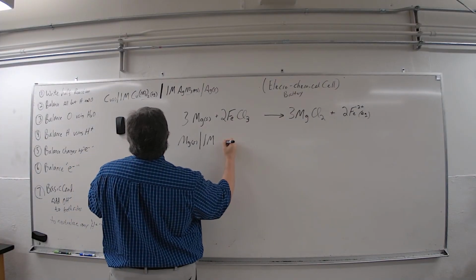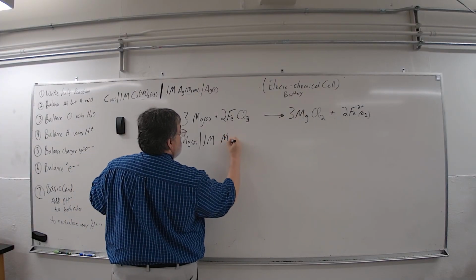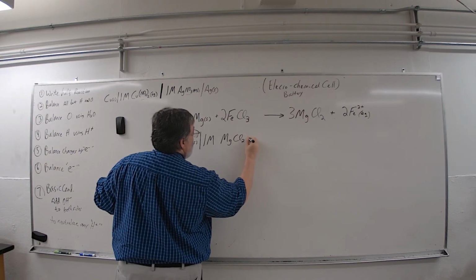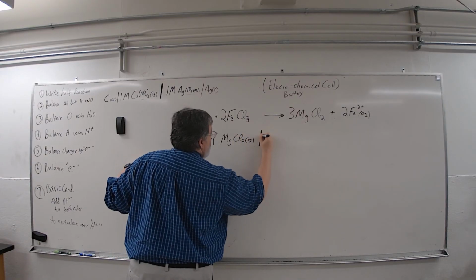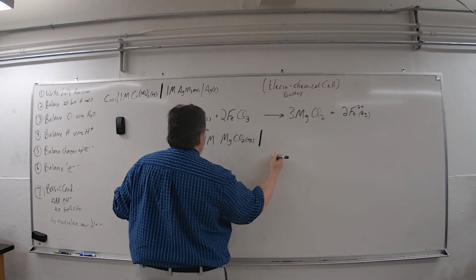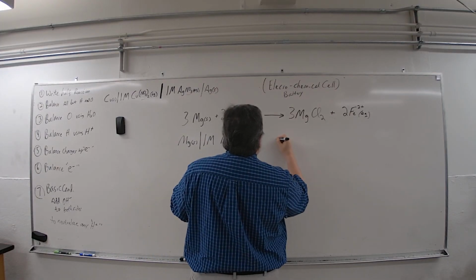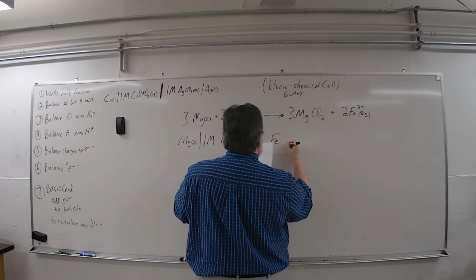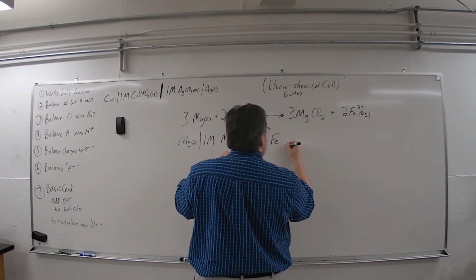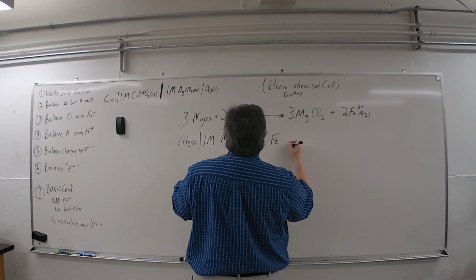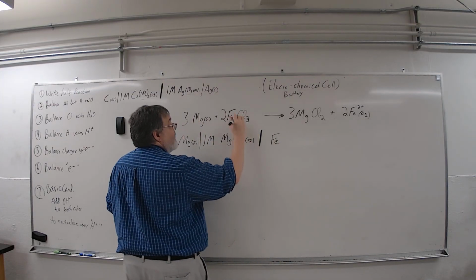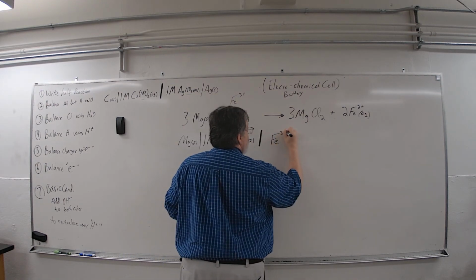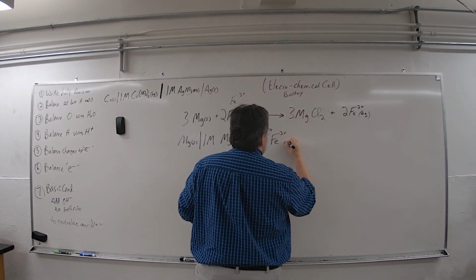And then FeCl2, then a thick line, and then Fe3 plus. Since this is FeCl3, this is Fe3 plus.